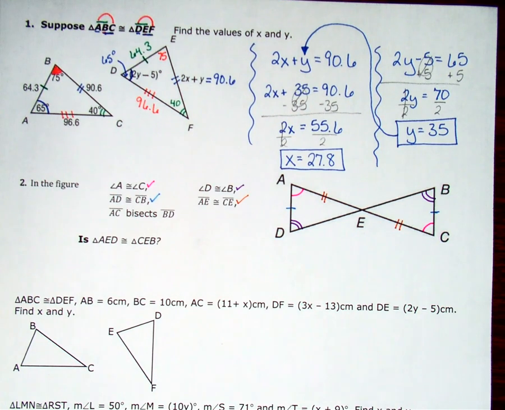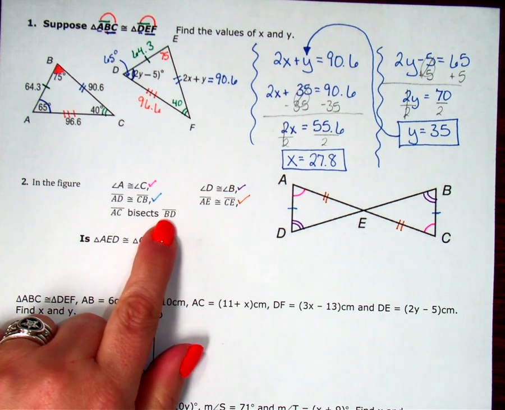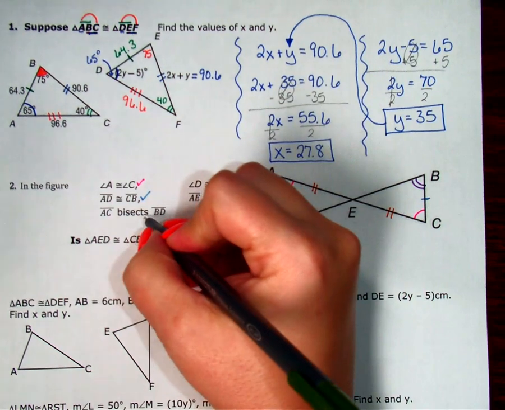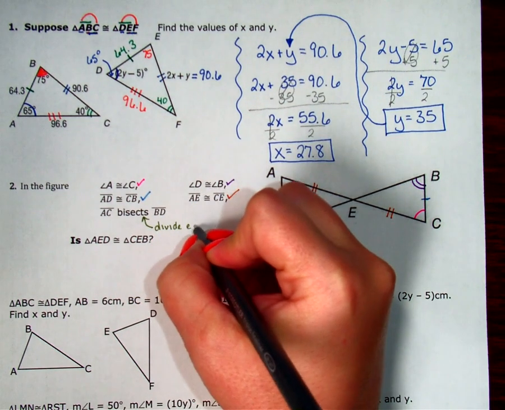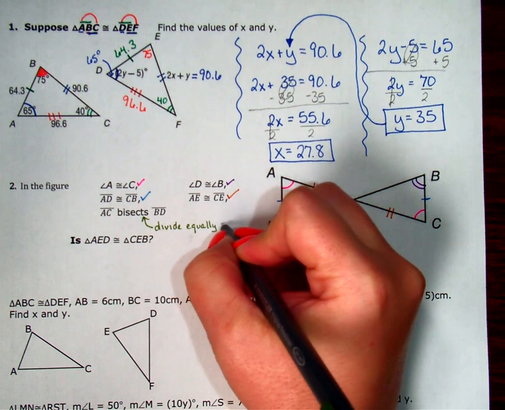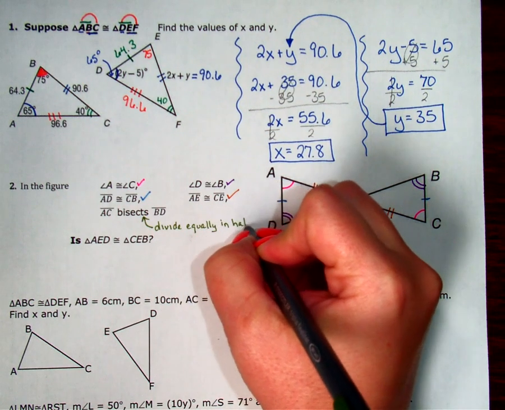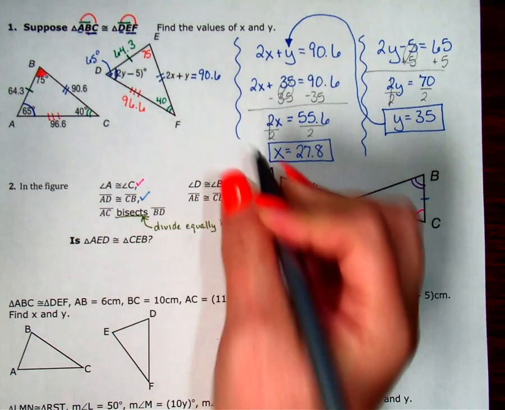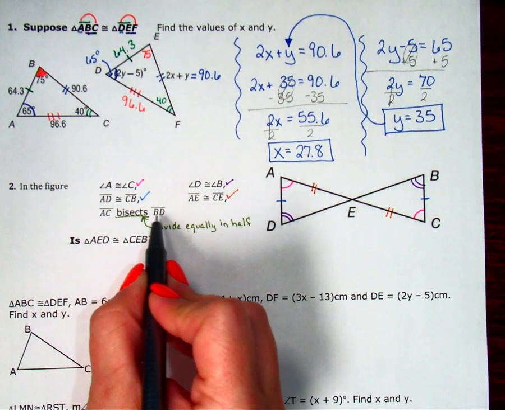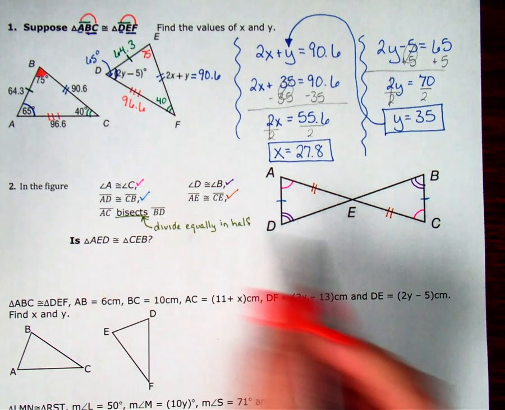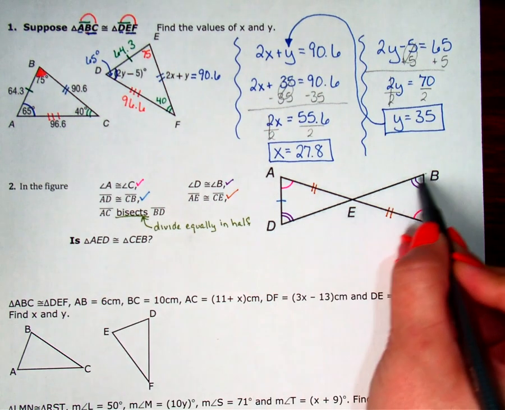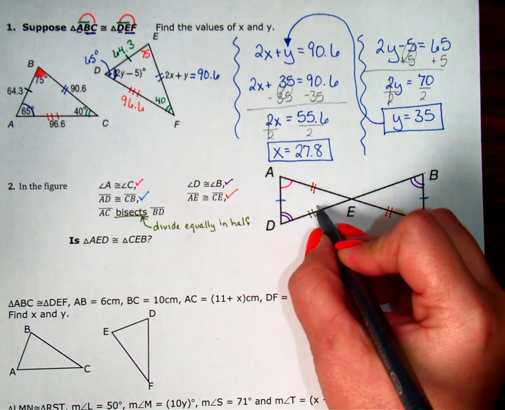It says segment AC bisects segment BD. So the one being bisected is being cut in half, right? Bisect means to divide in half equally. So, right, we say like the scissors cuts the paper. The paper is what's getting cut. So segment BD is being cut into 2 equal halves. BD, this one here, is being cut into 2 equal halves. This half and this half.